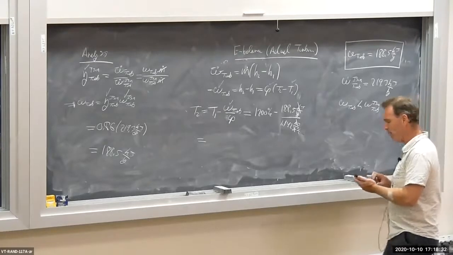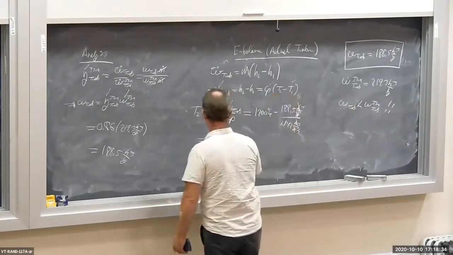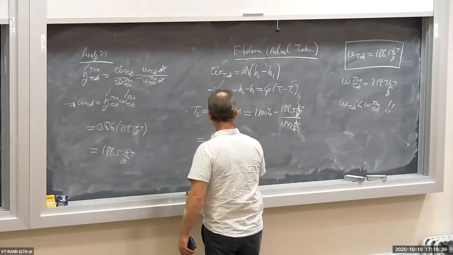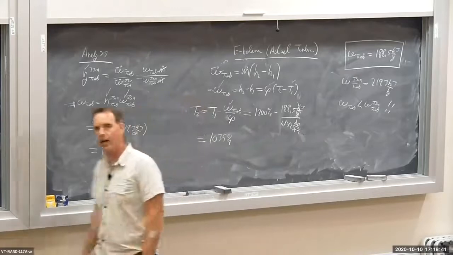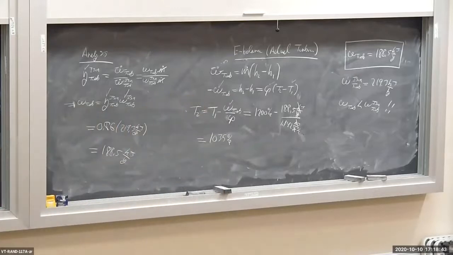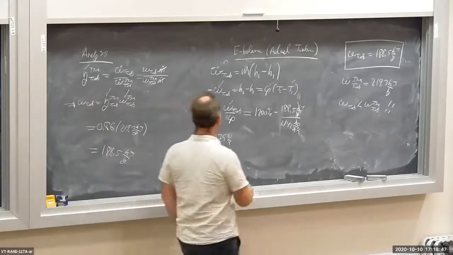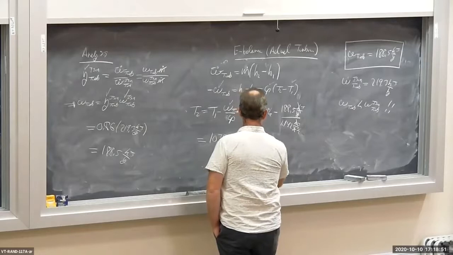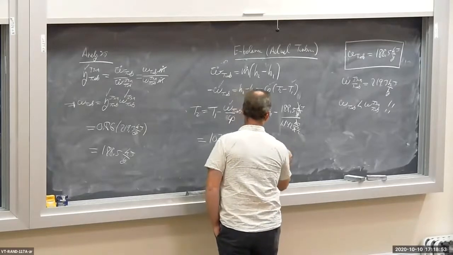And I get 1,034 degrees. Actually 35 degrees Kelvin. 1,035 degrees Kelvin. So T2 is 1,035 degrees Kelvin, box it up.